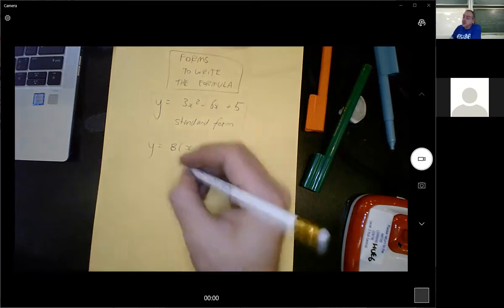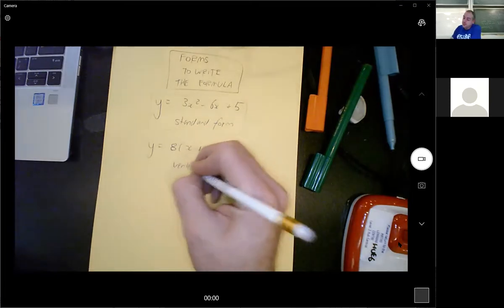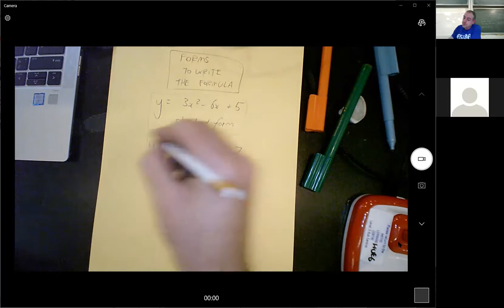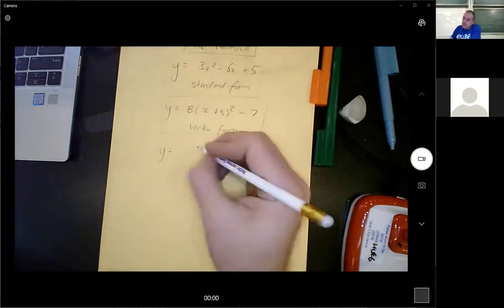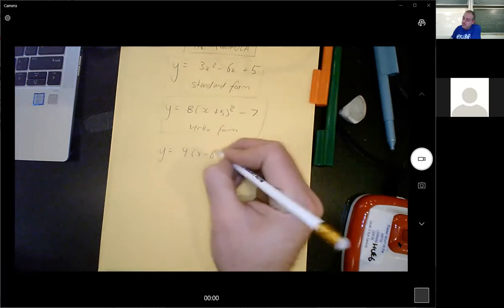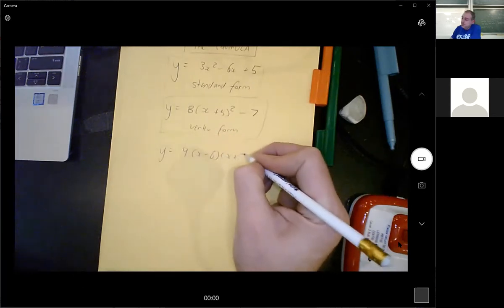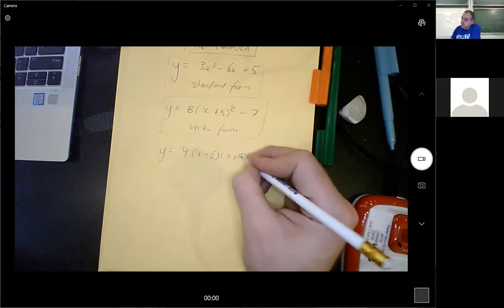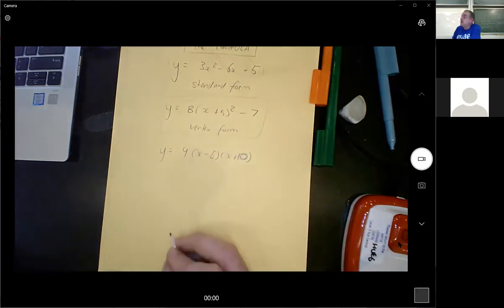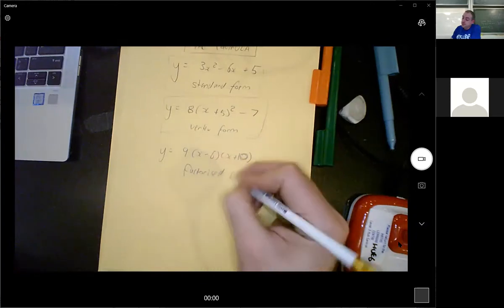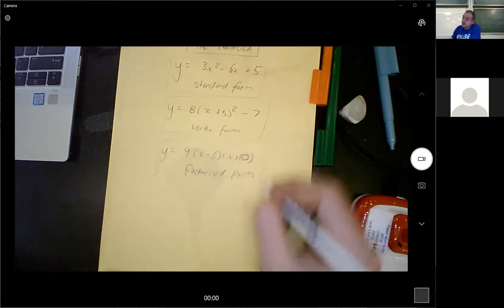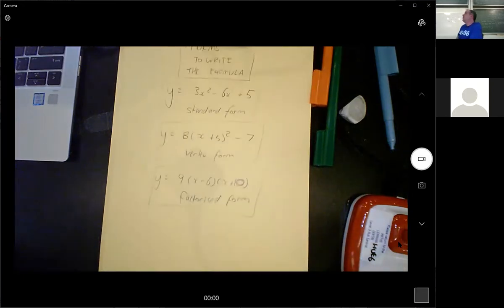And some people call this vertex form. And there is this form. Something like that. That's factorized form. And in the USA, they would just call it factored form, not factorized.